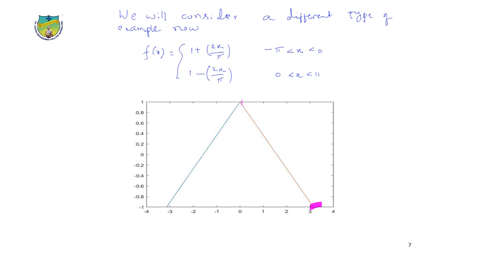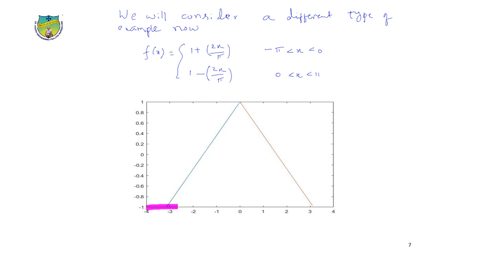So this is how the function is defined. When x is 0, function value is 1, it is here. And then when x is pi, the function value is again minus 1. So this is minus 1 here on the axis.